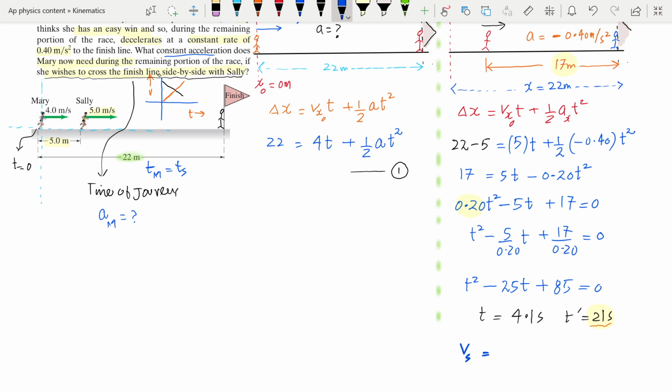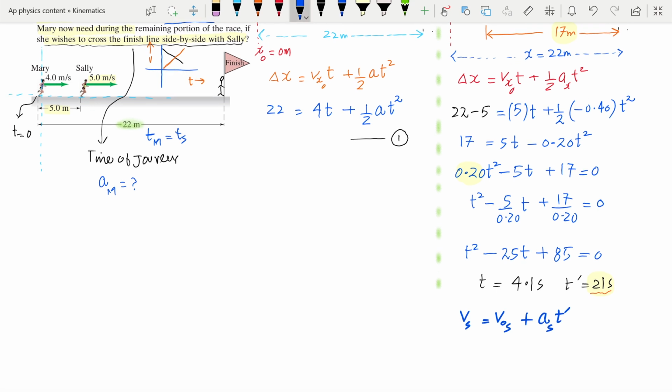Initial velocity of Sally plus acceleration of Sally times the time taken t prime. For instance, I want to use this value 21 seconds. So it is 5 plus negative 0.40, because she was decelerating, into 21, and when you solve it, it is negative 3.4 meters per second.